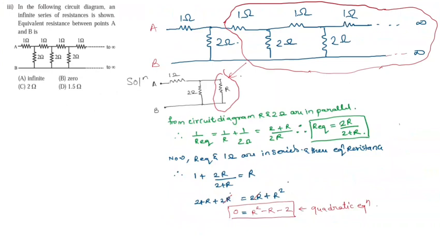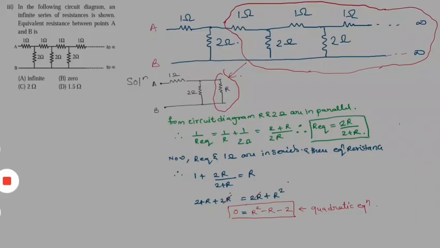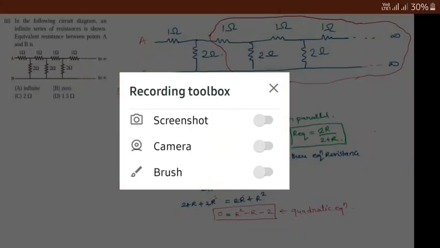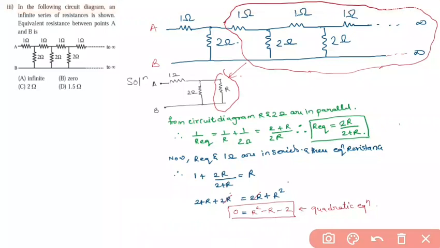So what I did here is, if you can see this red colored area, I have represented it with capital letter R, and I have shown one element which is isolated here.